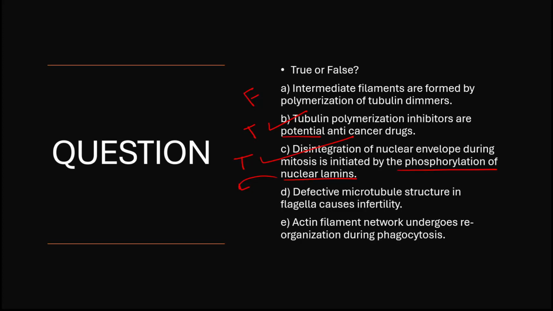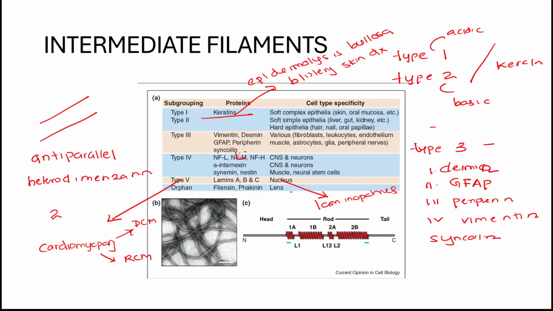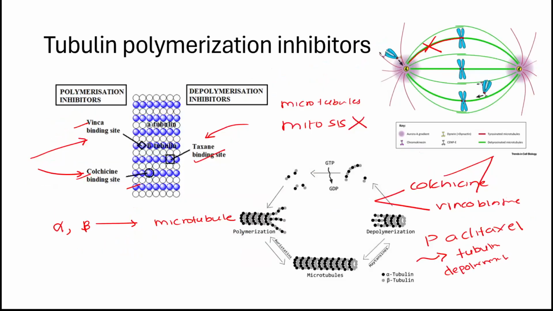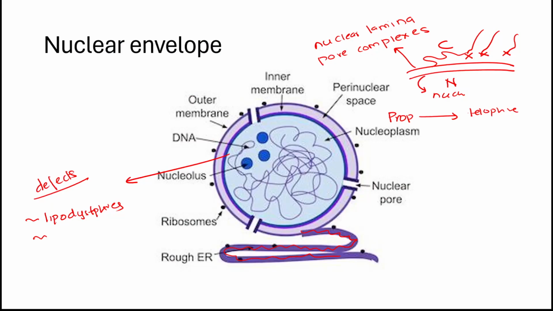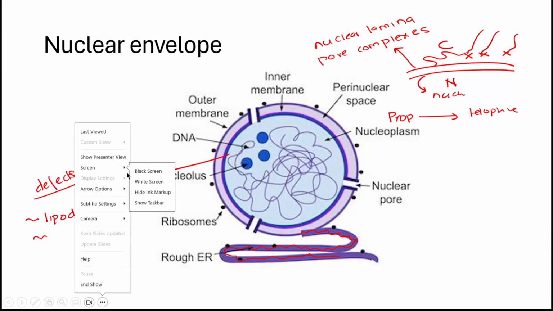Why is that? Because microtubules are an important structure in the formation of both cilia as well as flagella.